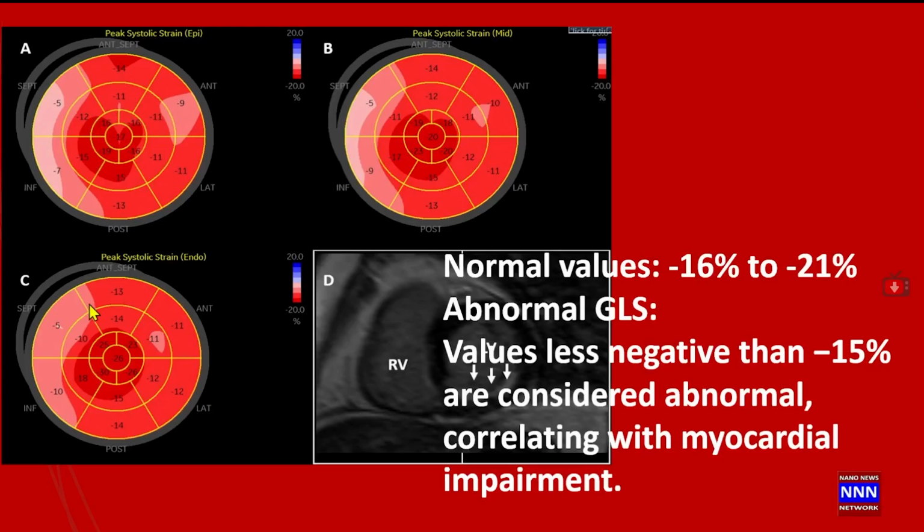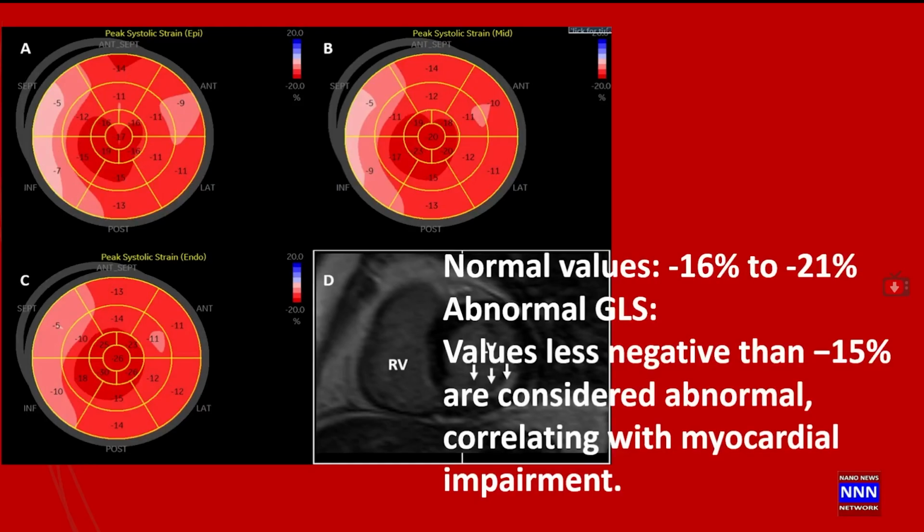And when you see something like this, this is an example probably of an amyloid patient who has what is called a cherry on top, whereas most of the myocardium has decreased longitudinal strain except for the apex, which is spared. But anyway, as you can see, there are patchy infiltrates, and this person may have normal ejection fraction.